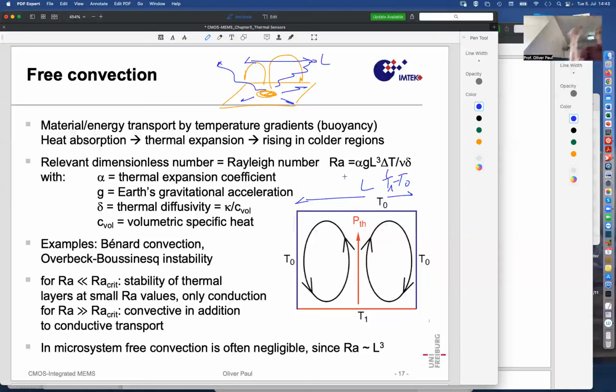So if we now shrink this whole scenario to a micro volume around a micro sensor, the L is really small, the alpha, nu and beta are still those of air. So we probably need tremendously large delta T's to start this instability. And as long as the Rayleigh number is too small, because delta T is too small for those small dimensions, then the temperature will remain layered.